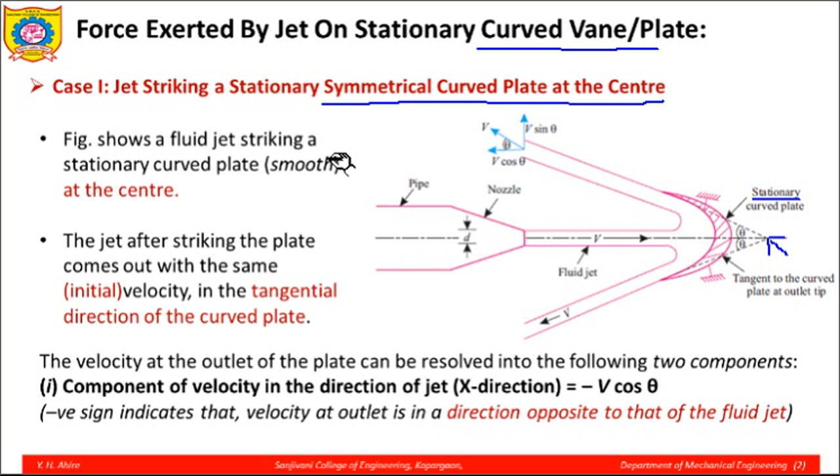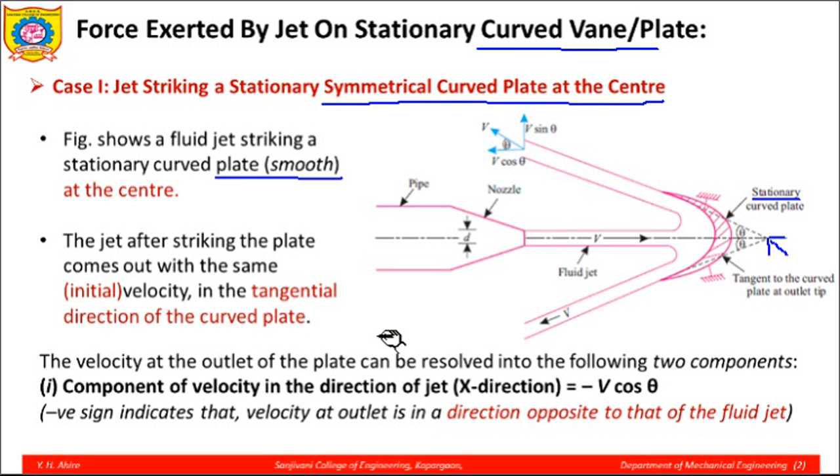So the figure shows a liquid jet striking a curved vane which is assumed to be smooth, and the impact is at the center. The jet after striking the plate comes out with the same velocity, meaning the same initial velocity, because the plate is assumed to be smooth, in the tangential direction of the curved plate.